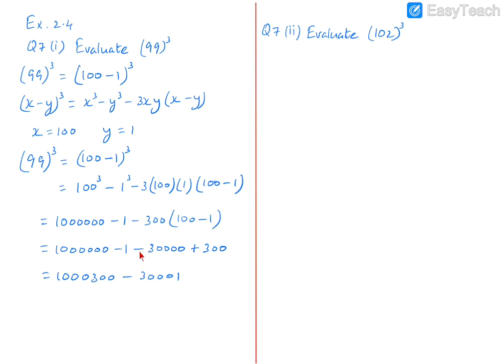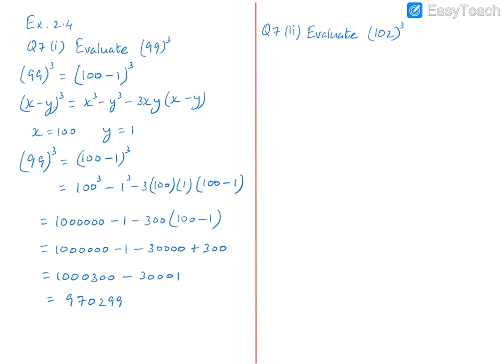Okay, minus 1 minus 30,000 is minus 30,001. So we just need to subtract this, and we will have our final answer for this particular evaluation. So this evaluates to 970,299. Okay, so that is our answer for 99 power 3.